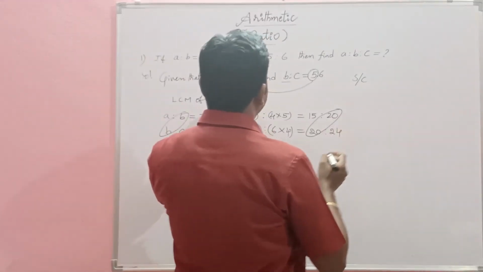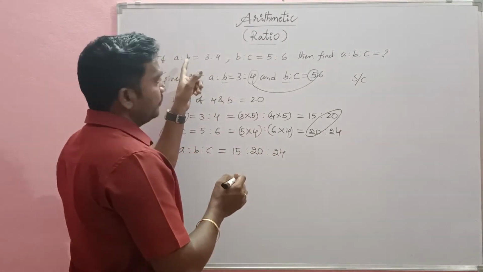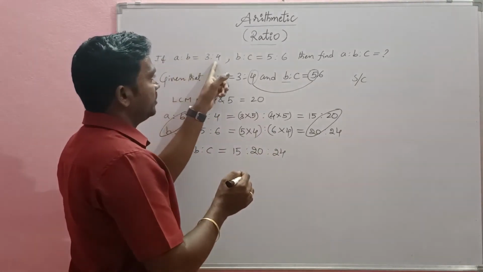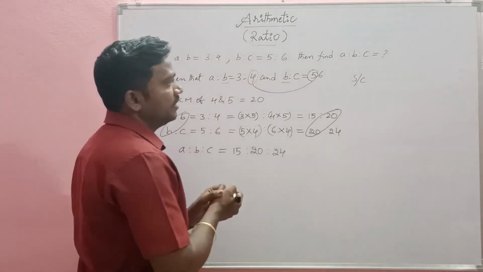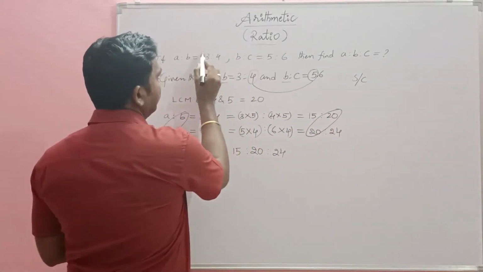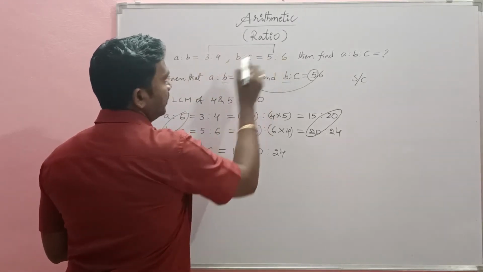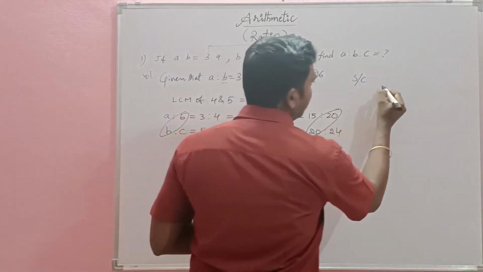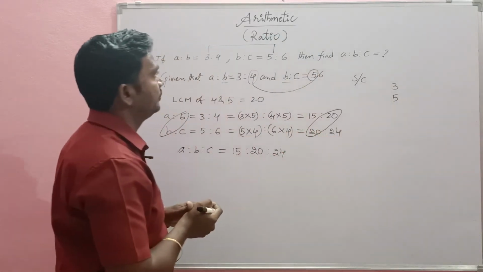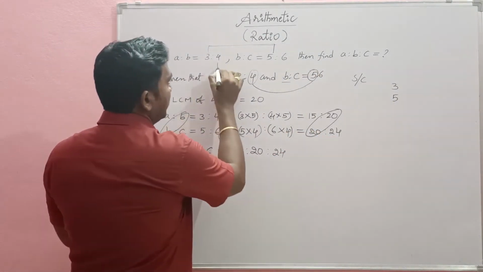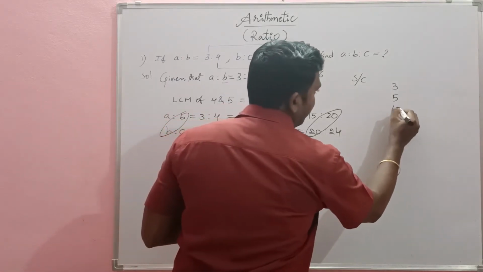See here, given that A is to B is 3 is to 4, B is to C is equals to 5 is to 6. First, you have to write antecedents 3, 5 in this way, and then consequents 4, 6.